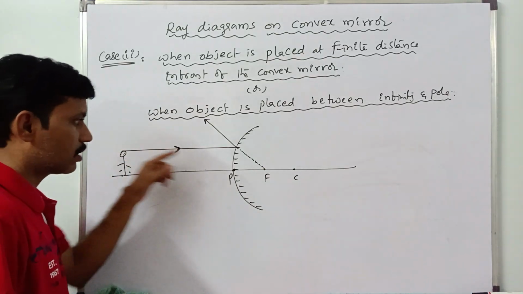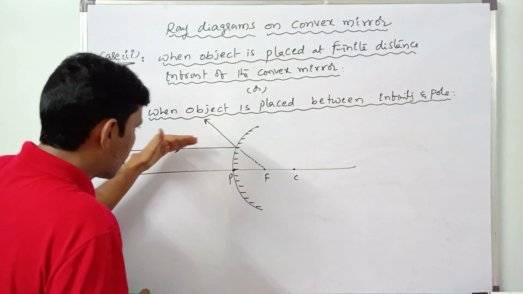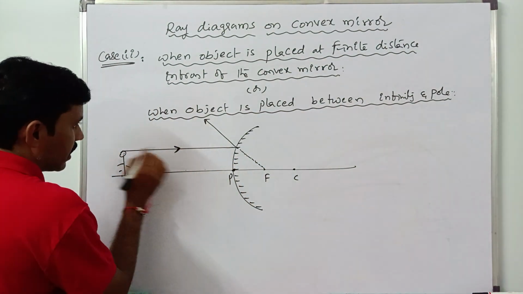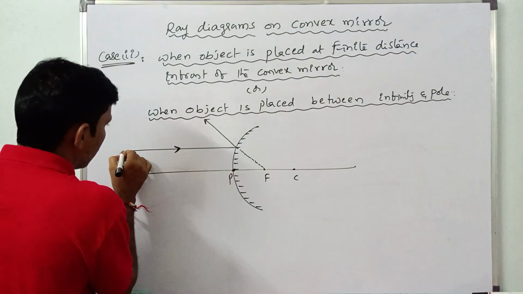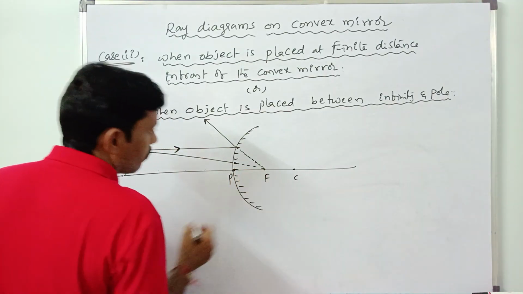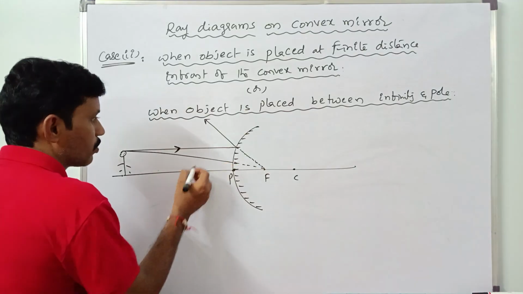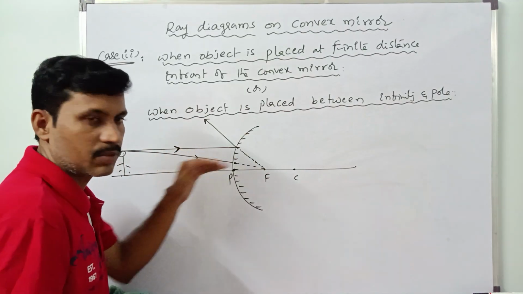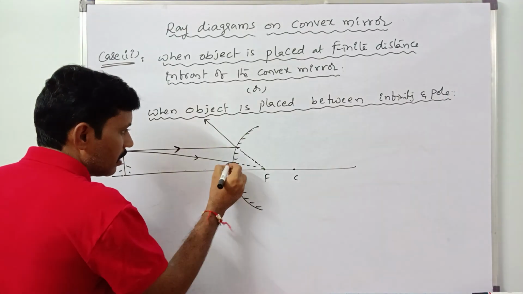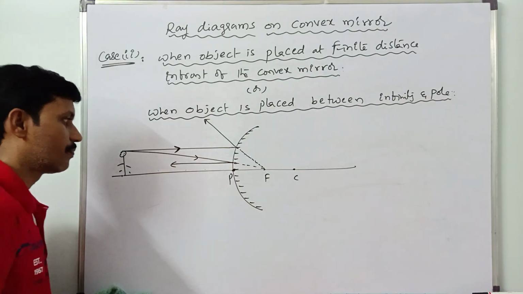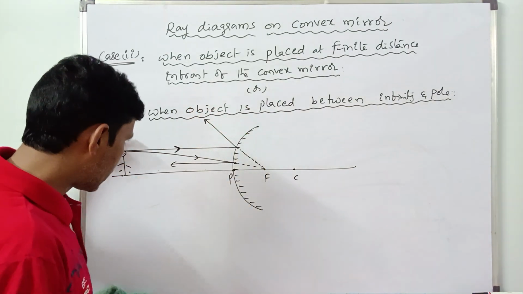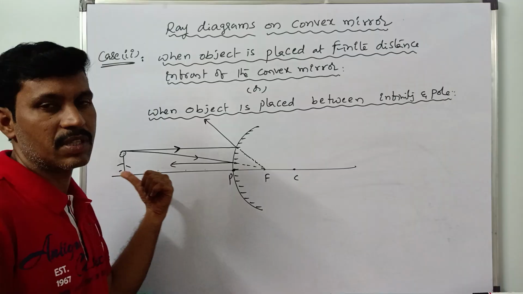So let us take it directed towards the principal focus. Then after reflection, it is parallel to the principal axis. If a ray parallel to the principal axis diverges from the focus point after reflection, a ray directed towards the focus point goes parallel to the principal axis after reflection.